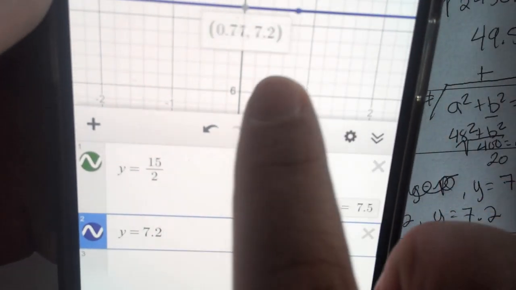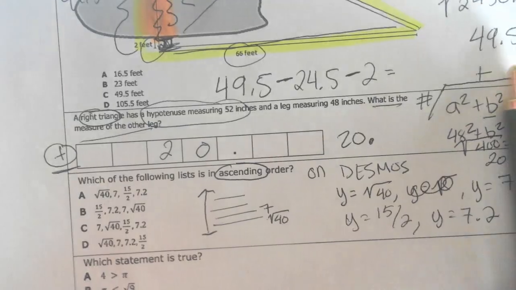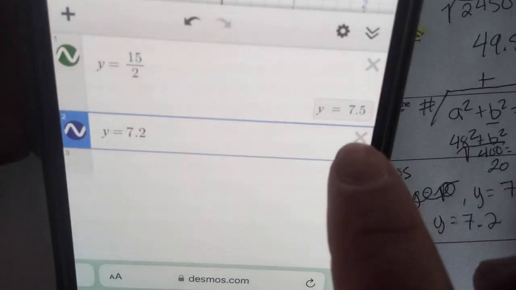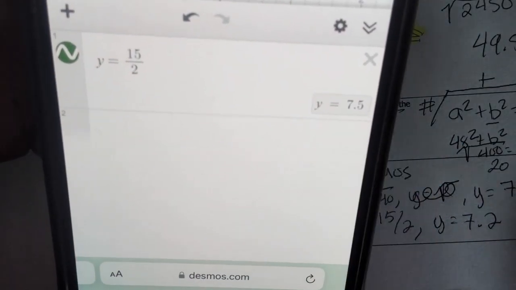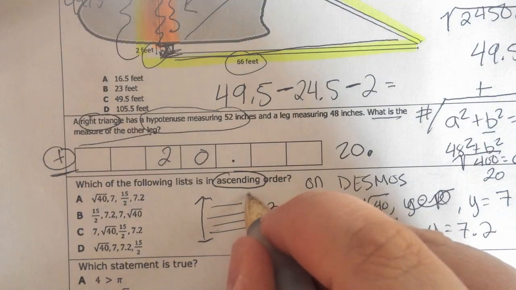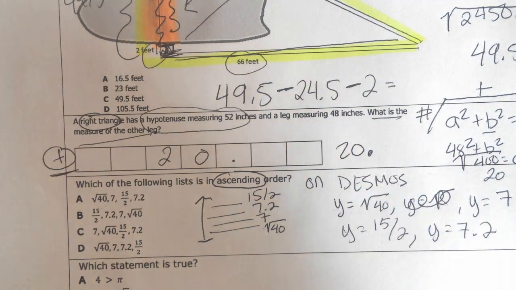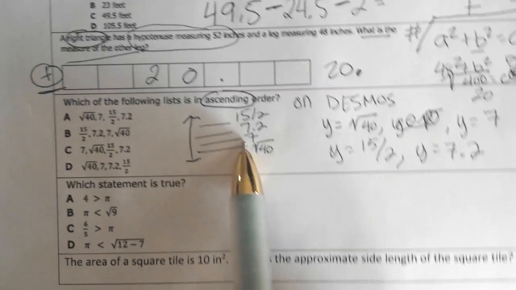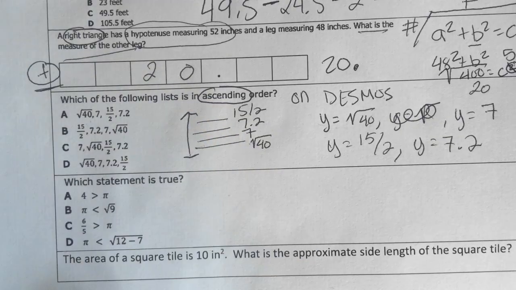I'll delete 7. And then we've got 7.2. And then the last number is 15 halves. So in ascending order, we should have the square root of 40, 7, 7.2, 15 halves.